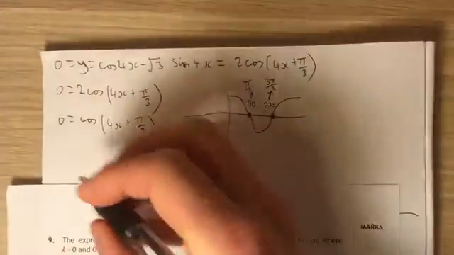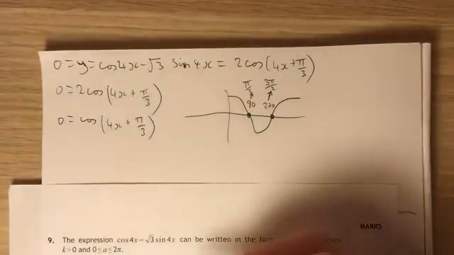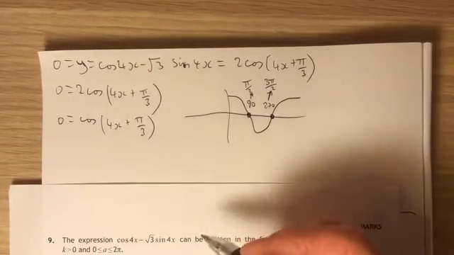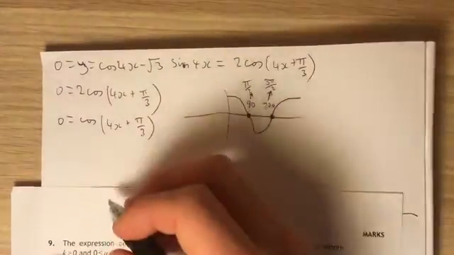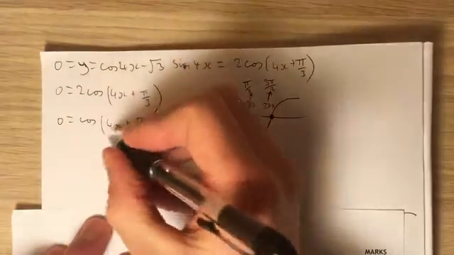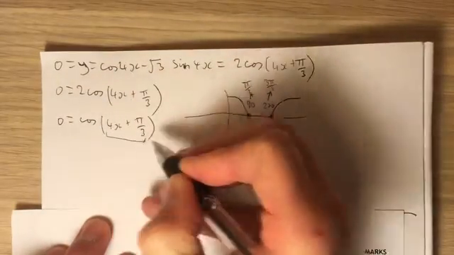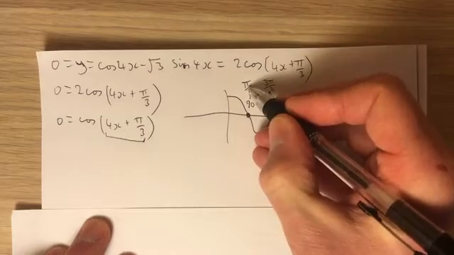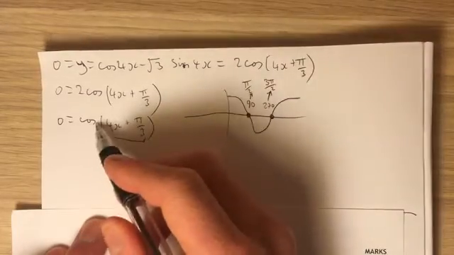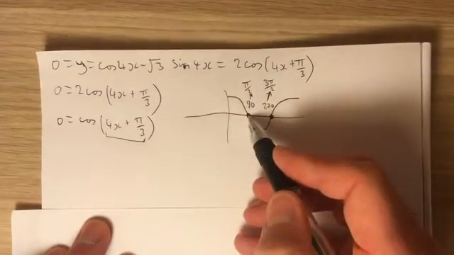So I've got two options here. We'll do them both. Either this thing in here has to be pi over 2, so that cos of it gives me 0.